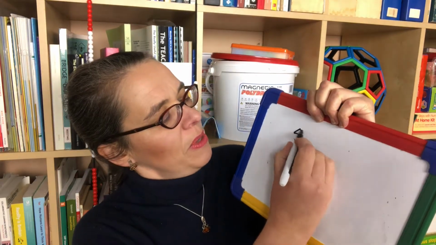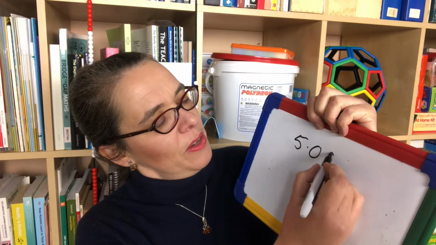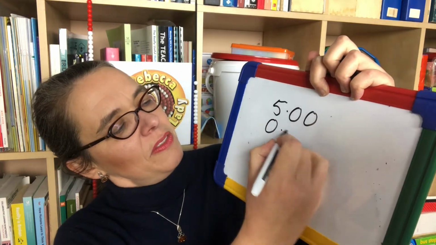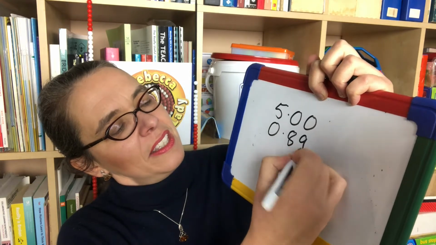But before I do that, I just want to talk a little bit about calculations with money. Now, the key here is to get children to write down any quantity of money with 2 decimal places. So if it's £5, it's going to be 5.00. And that's because if you're adding £5 to 89p, the 89p is going to have to be 0.89.